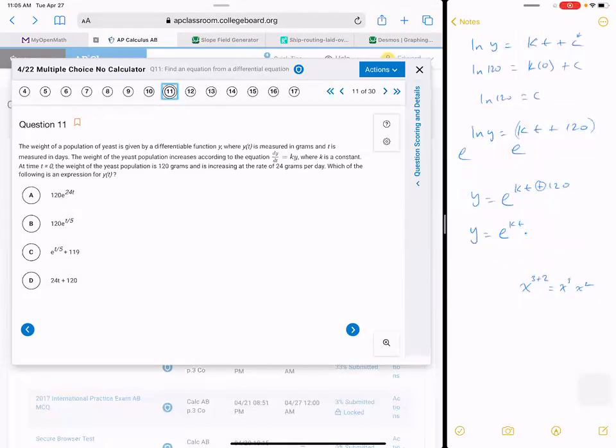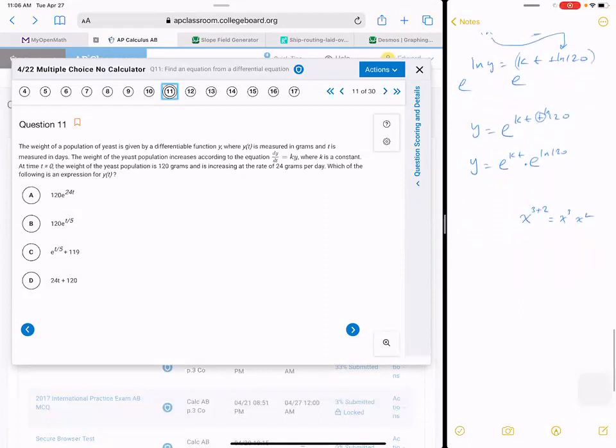I'm sorry, I forgot to write ln. Times e to the ln of 120. Do you see the mistake I made? I forgot to copy that natural log. C is natural log of 120. For some reason I just wrote 120.